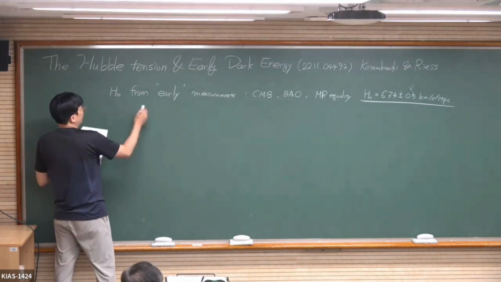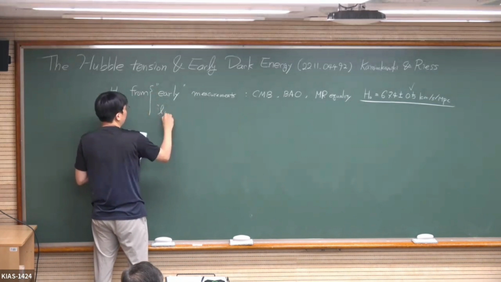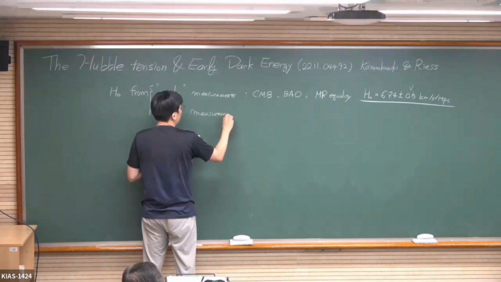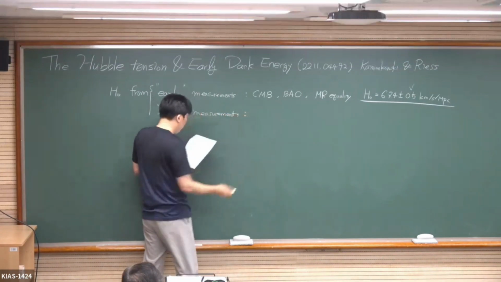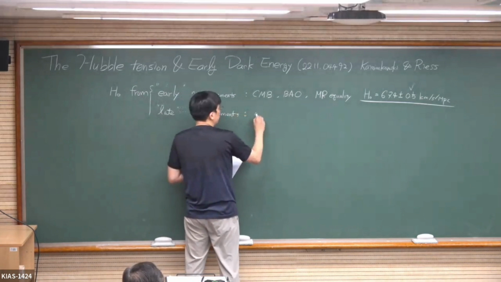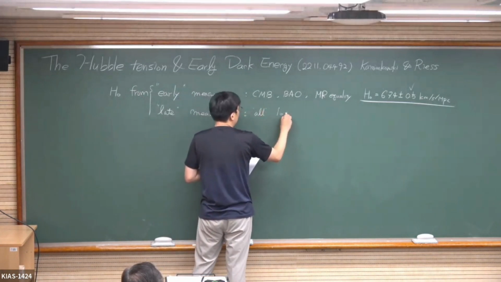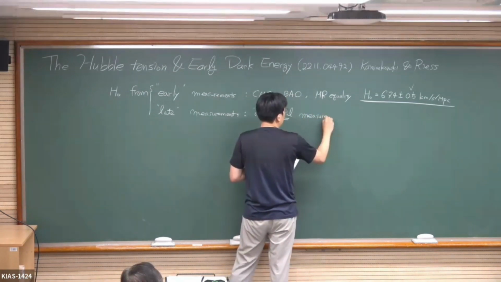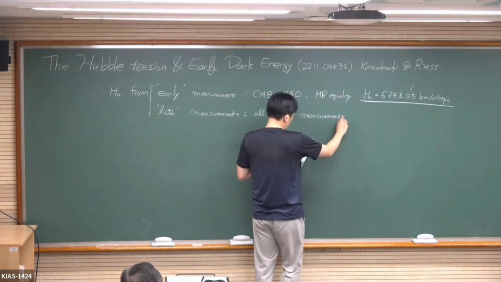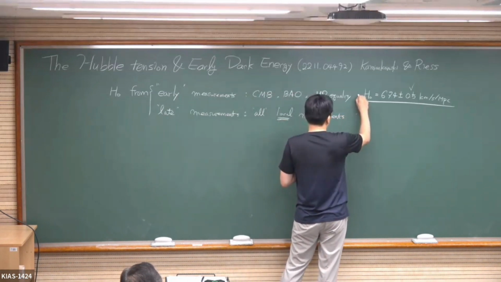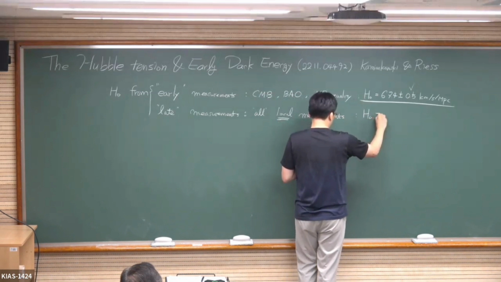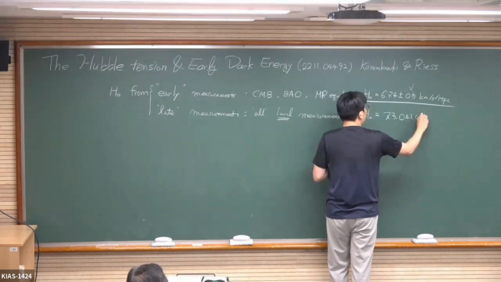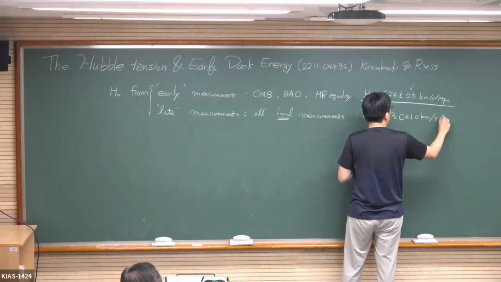And the late measurement includes essentially all local measurements. I should define local as well. That gives us, I think they are quoting the representative value, 73.0 plus or minus 1.0 kilometers per second per megaparsec.